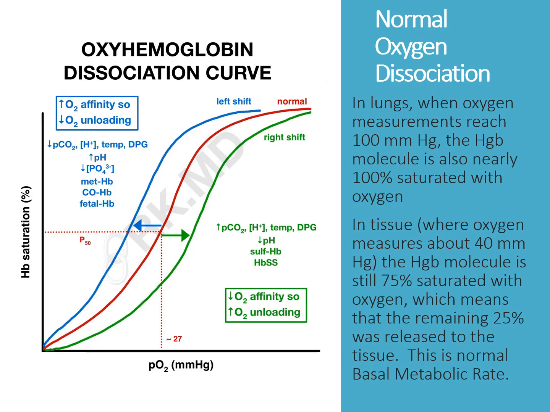When we look at a left shift, which is represented by this blue line on the left, we have sort of the opposite. We are going to have an increased affinity and therefore a decreased oxygen offloading. We are going to have a decreased partial CO2 concentration, a decreased hydrogen ion concentration, a decreased temperature, as well as a decreased 2,3-DPG production.